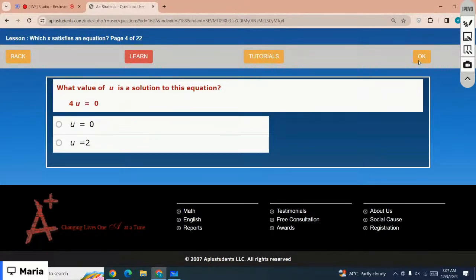The correct option is u equals 0, right? 4u equals 0 and then u equals 0 is the solution of the equation. Very good.